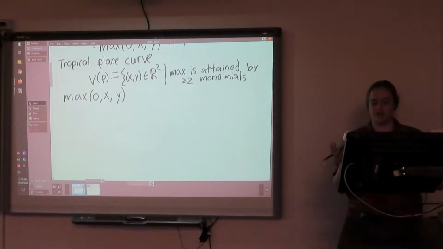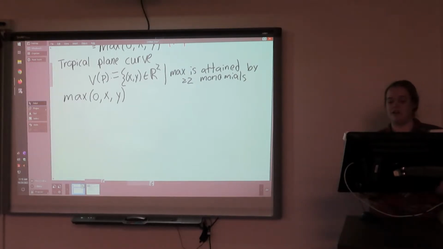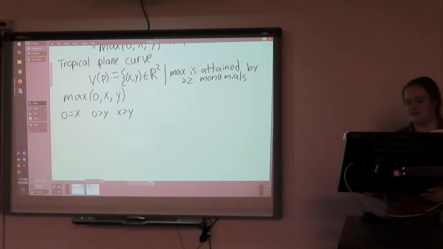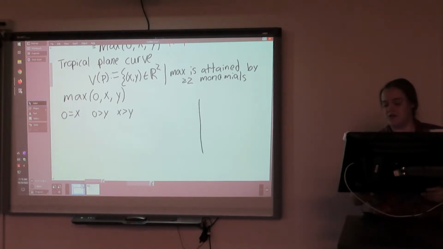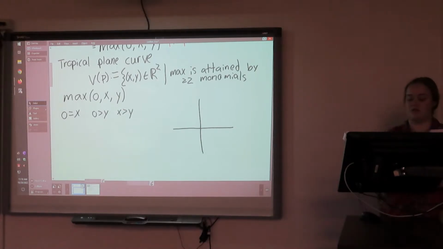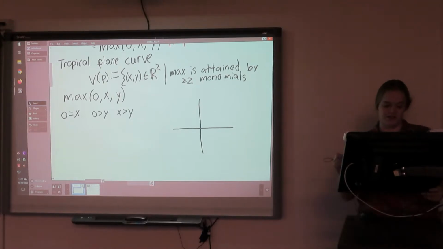If the max is obtained by 2 things, the max could be obtained when 0 equals x. That would mean 0 has to be greater than y and x has to be greater than y. So if we're graphing this, we have the line x equals 0 when y is less than 0. So that is this way.